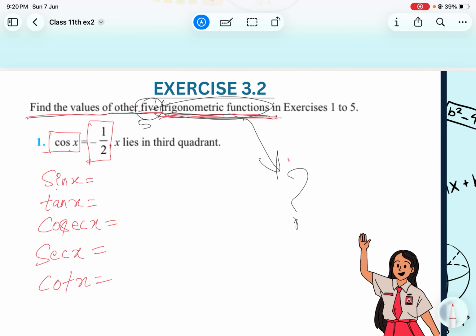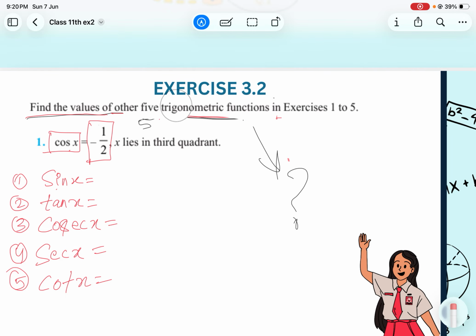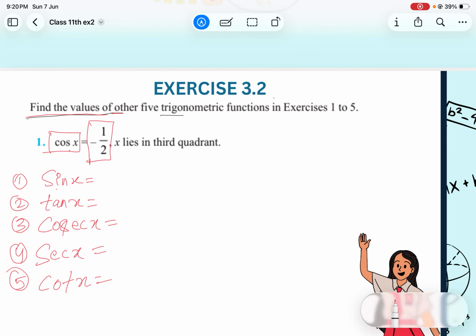We have to find the value of this 1, 2, 3, 4, and 5. And the best thing is that we know what is a trigonometric function. Now we have to find these all functions.